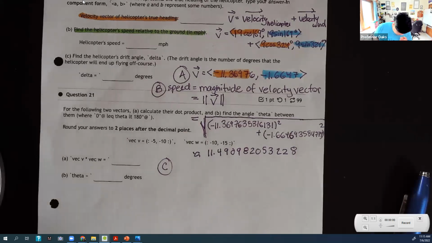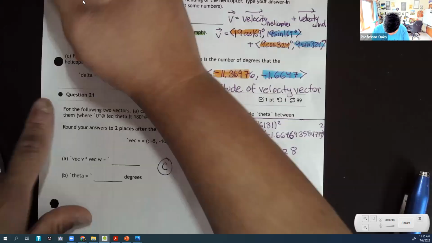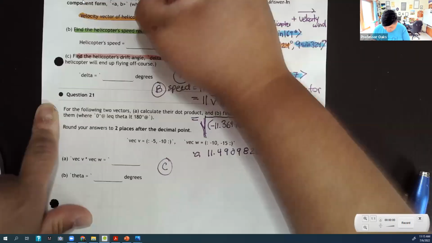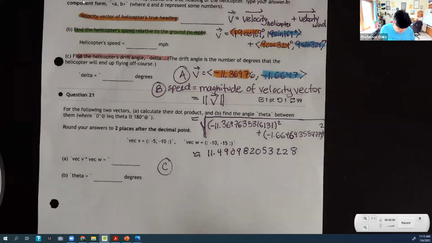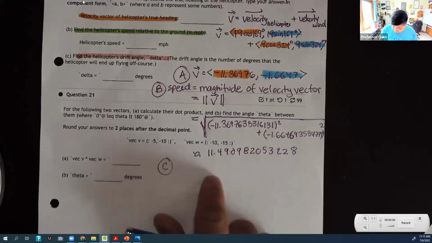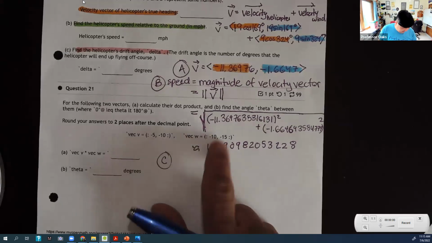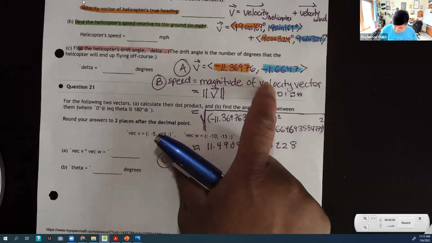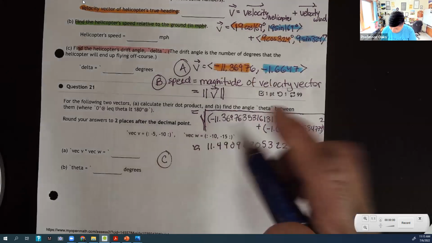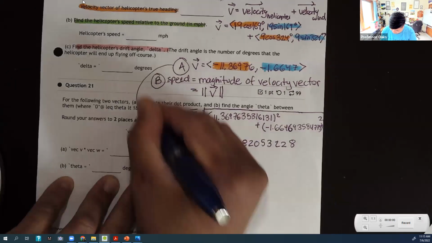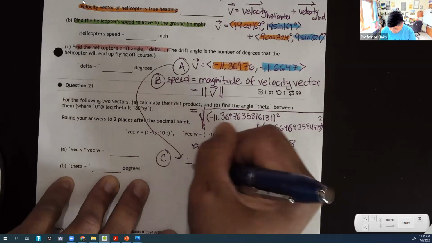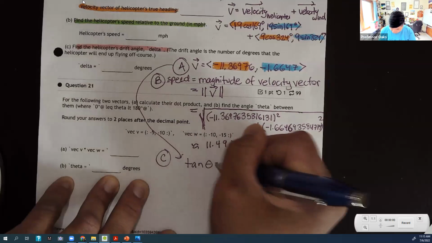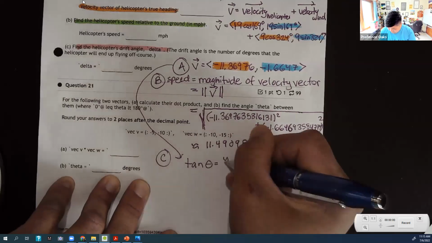And then the third part is finding the drift angle, they call it the delta. Now all you need to do is look at this vector here and remember that tangent of theta is y over x.